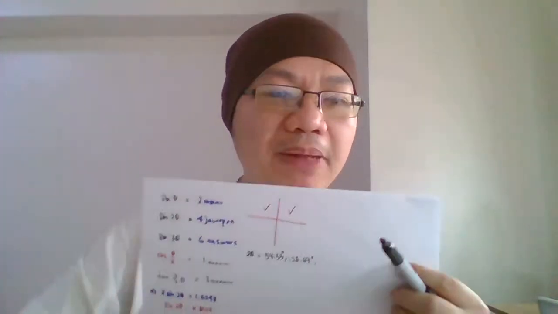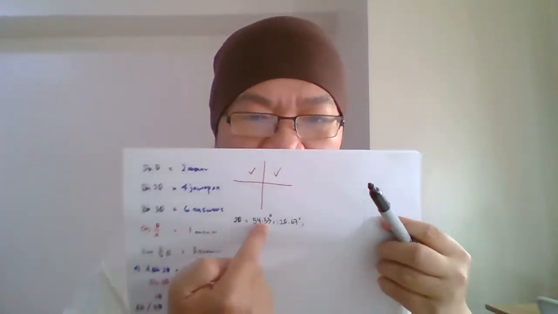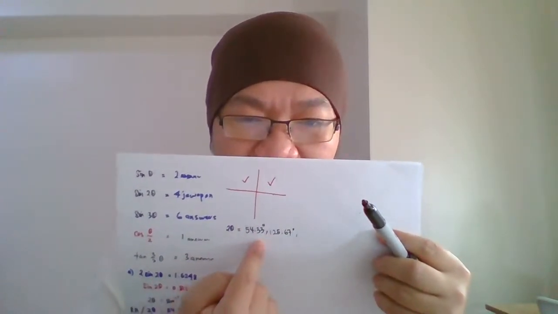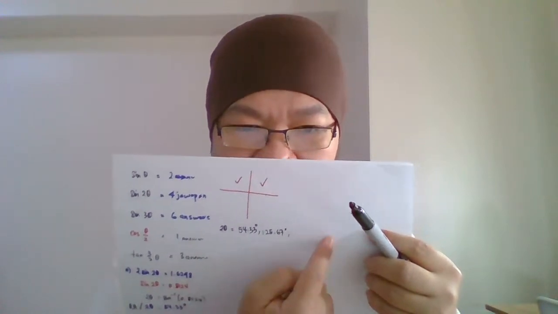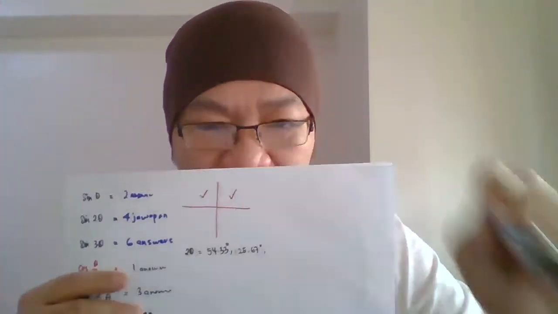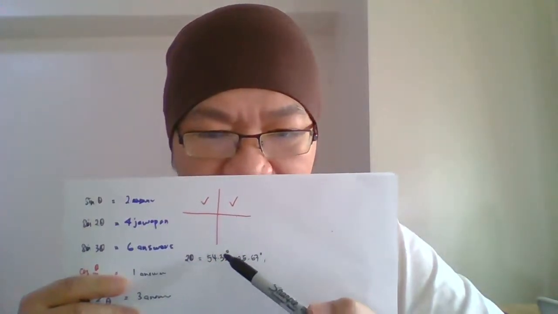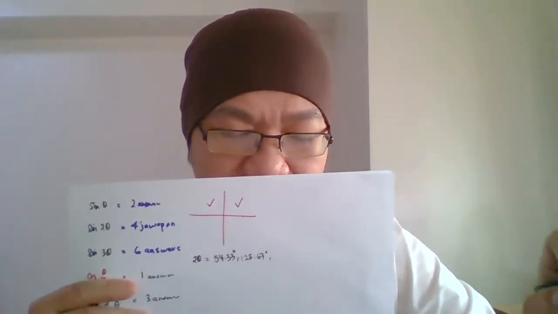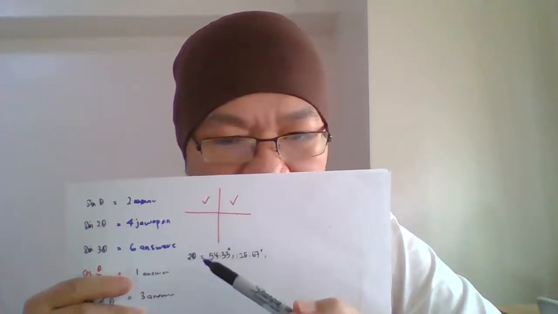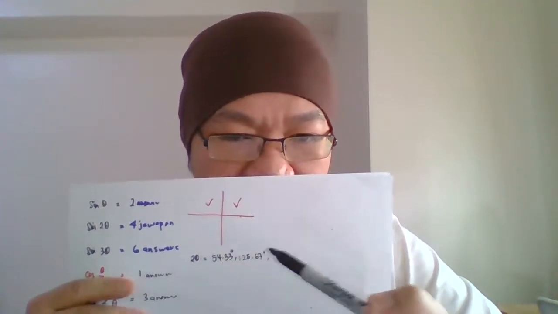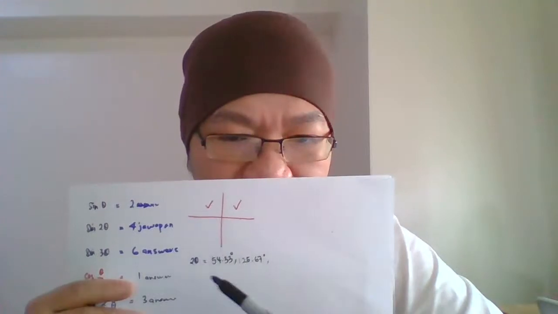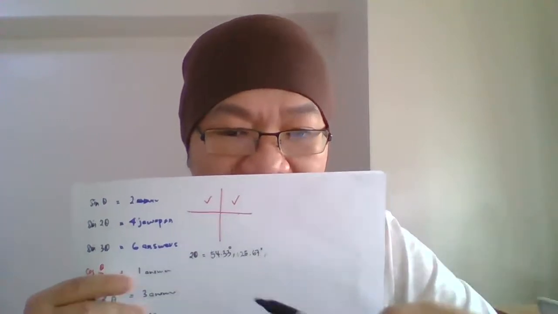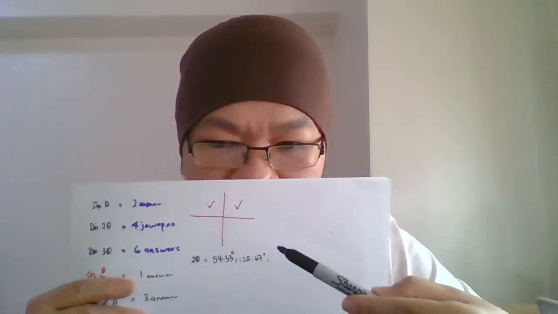Very easy. To get the third and fourth answers, this is the first and second answer, right? I write the third and fourth answers at the end here. For the third answer, you take the first answer plus 360, so 360 plus 54.33. To get the fourth answer, take 360 plus your second answer.